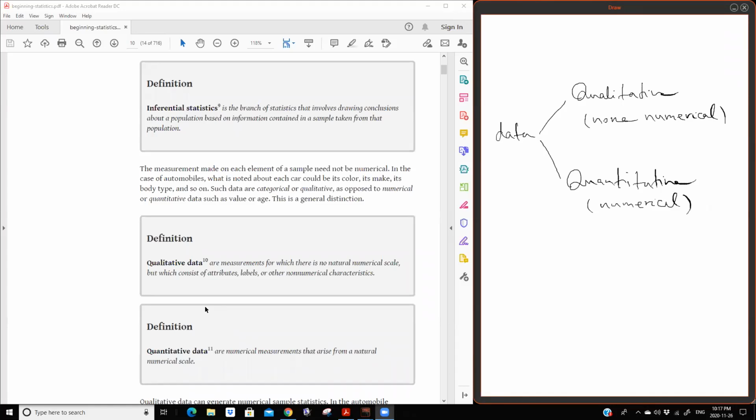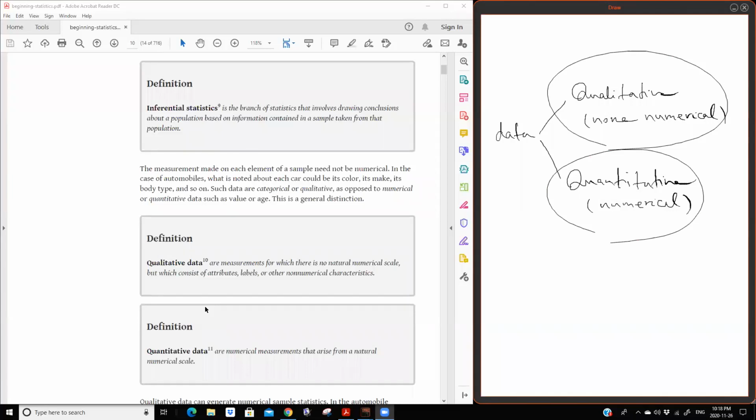That would be a qualitative piece of data. Quantitative data are basically numeric data, like, for example, height, weight, blood pressure. This type of data is collected using numbers. So these are quantitative data. Is the distinction between the types of data clear? These are basically categories, and these are numbers.